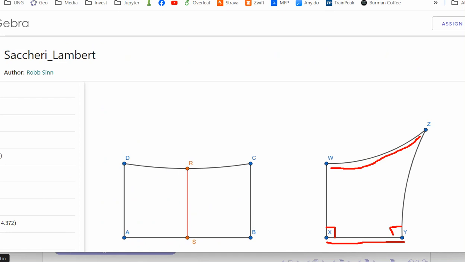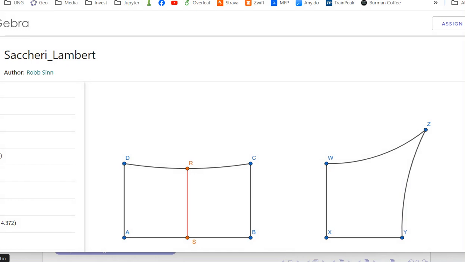Again, it can apply this way, and it can also apply this way: I have right angles at X and at W, so the measure of the distance between W and X is less than or equal to the measure of the distance between Z and Y. Either one of those is true, and I don't have to prove them both. I just need to prove one direction.